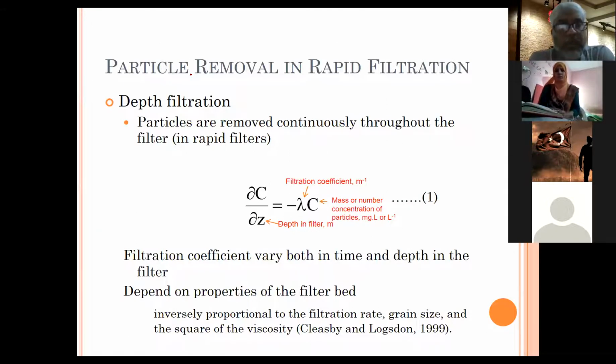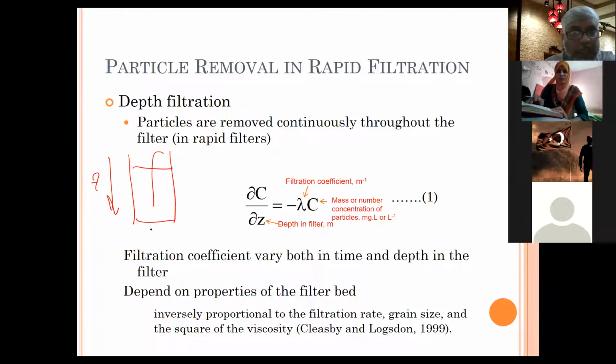We can also model the change in concentration of particles with depth. Say Z is the depth direction, and the filtration is happening like this. The concentration is the concentration of particles during filtration.